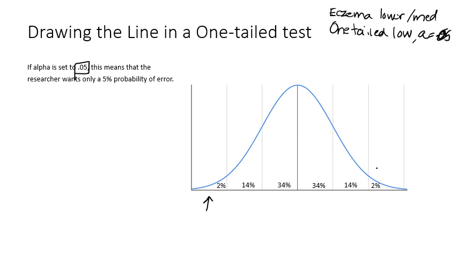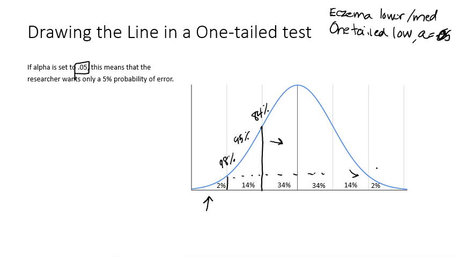We know that 84% of the scores are going to be, in this case, to the right of this standard deviation line. We know that 98% are going to be to the right of this standard deviation line. So I'll draw a dotted line going all the way across here. 98% of the scores. What we're looking for is 95%.